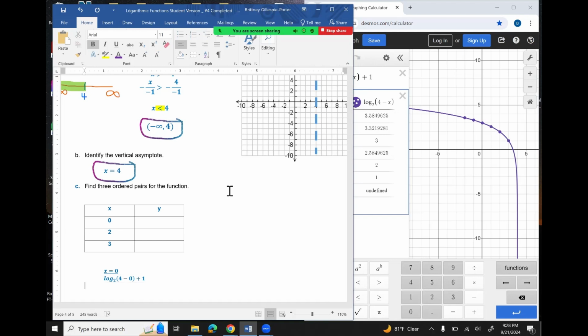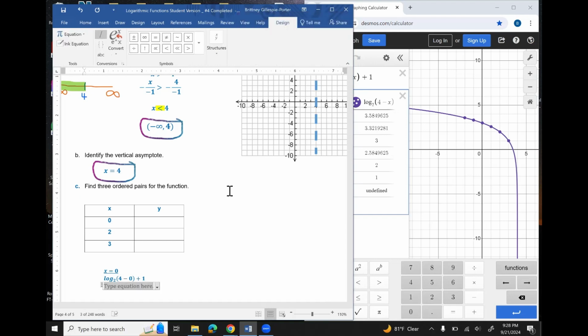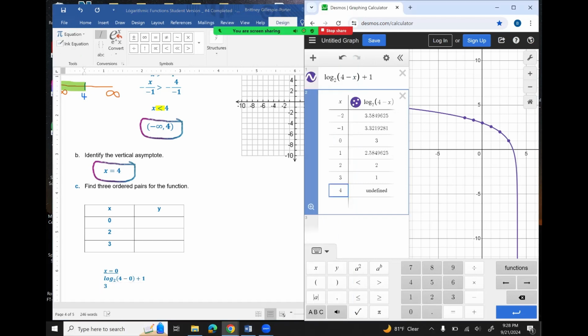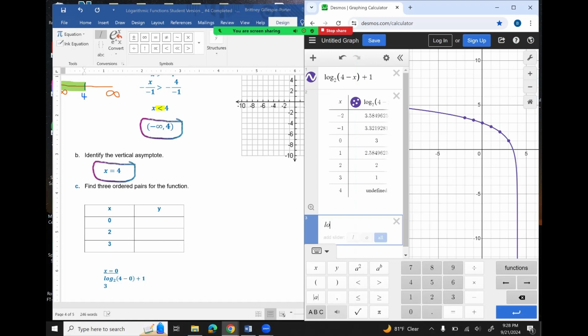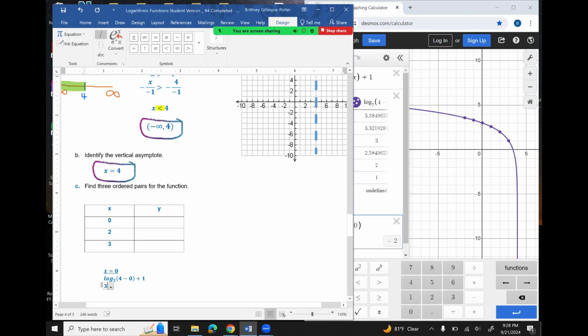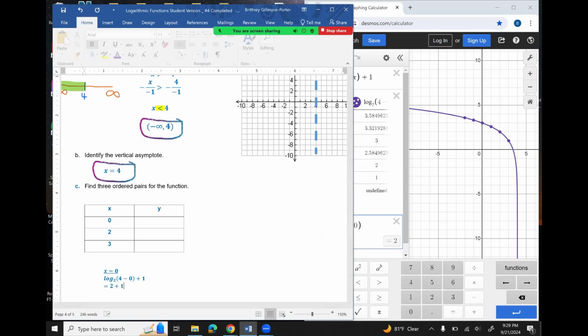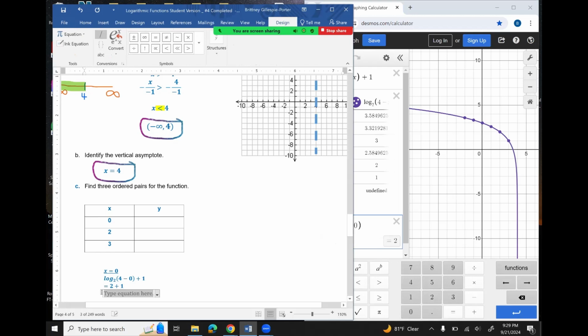When we plug in 0, the calculator tells us that we do get 3. The reason for this is if you do log base 2 of 4 minus 0, that gets us 2. So if you want to do the intermediate step, you can. 2 plus 1 means that we get down to 3.